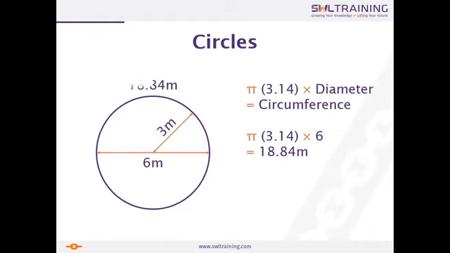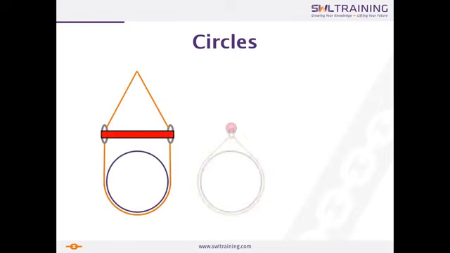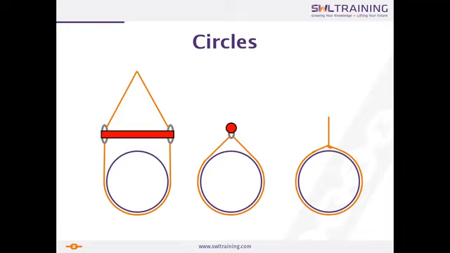That's a circumference of 18.84. Understanding that can be useful in terms of sling length for cylindrical loads, depending on how you're slinging the load. You'll learn more about that when you attend your course and in the online training platform.